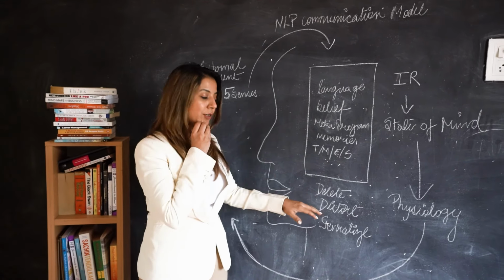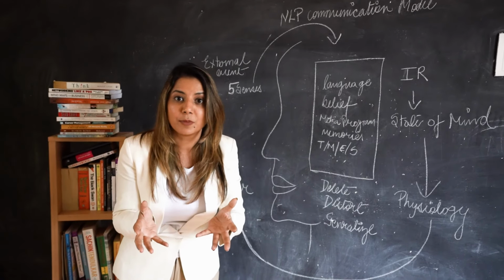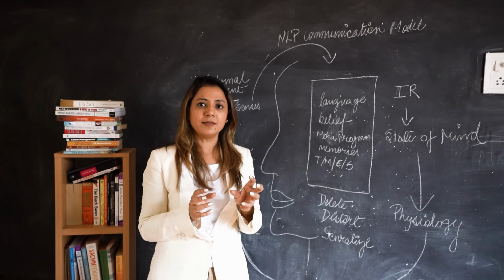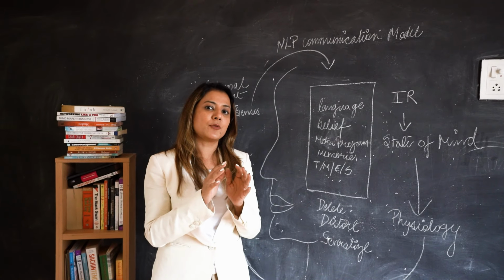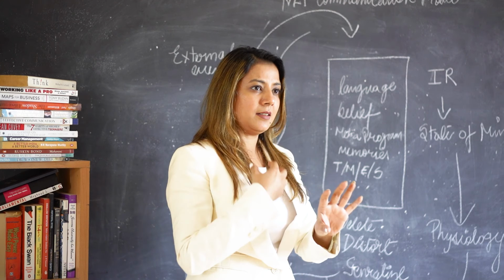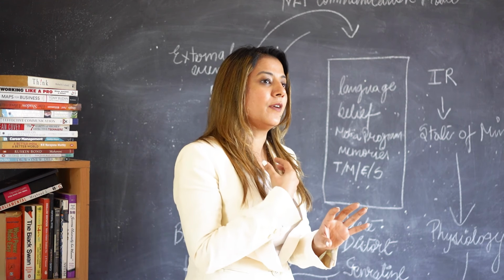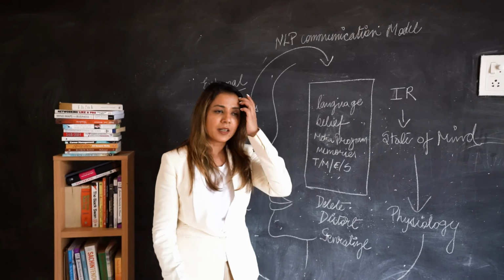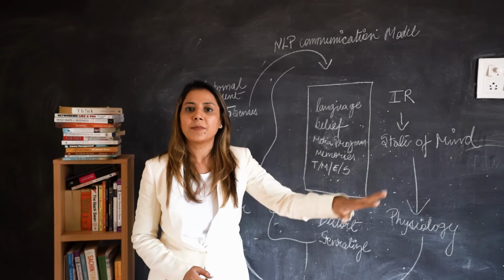From that external event, we also distort some of the information. That means from our own understanding, if there's something we are not clear about, we distort that information and make an understanding of our own. We generalize some information: oh, this is how it generally used to happen.